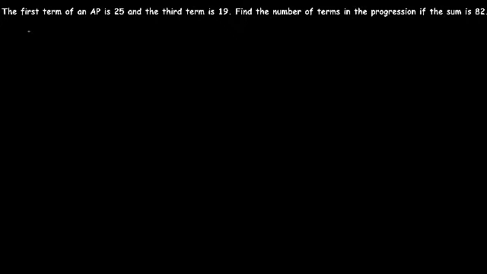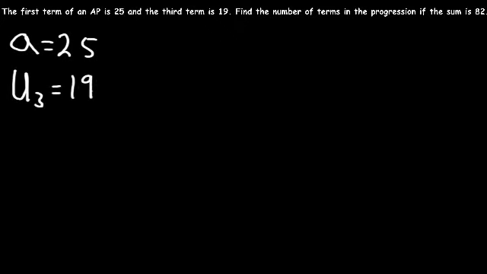According to the problem, u sub 1, which is the first term, is 25. That's typically a. The value of a is 25. And the third term, u sub 3, equals 19.